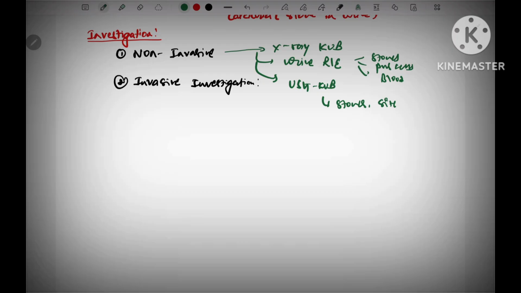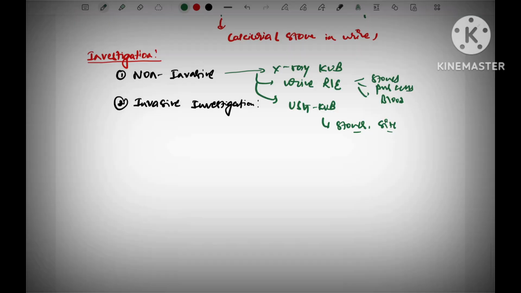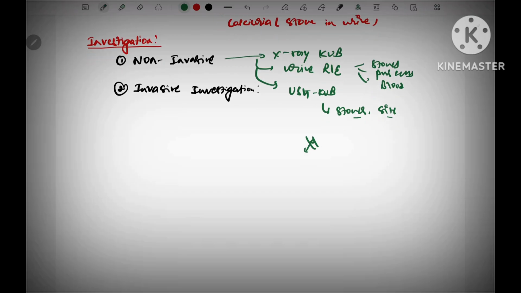But can we know the Hounsfield unit? No, we can't know the Hounsfield unit, but we can know the stones and the site from the USG KUB. Now for example, if the patient is having pain in the ureteric colic area, and we have done the renal function test and the creatinine level is more than 1, suppose it is 1.9, and the patient is in pain, what treatment do we have to give?